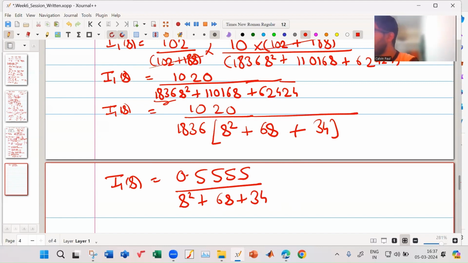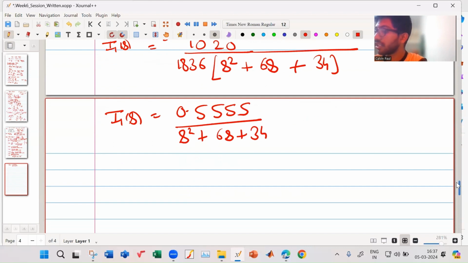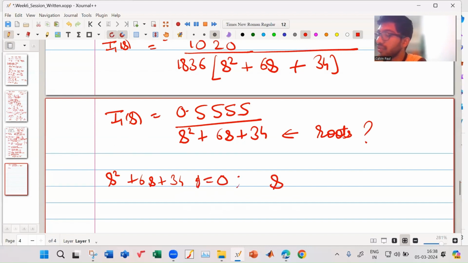So now I want to ask a question. What are the roots of this? If you see s square plus 6s plus 34, if you equate it to 0, what will you get?